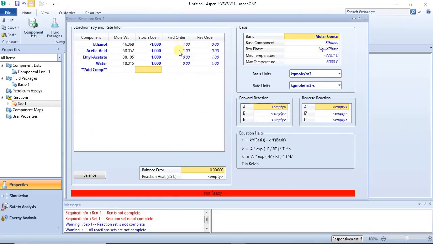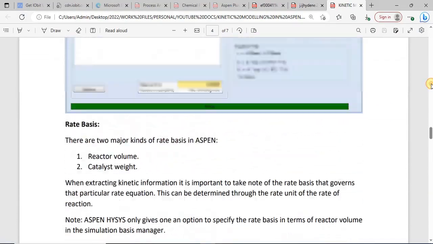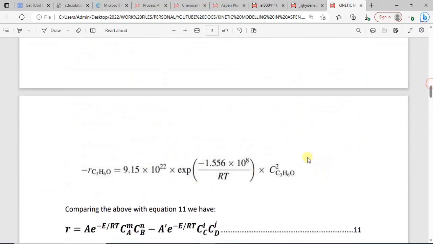So it's already there. This is like the default, but you are supposed to change it based on the rate expression. Because for the other example we had before, you see the rate expression, this one is 2, so you can't put 1 there, because it's 2 in the rate expression.